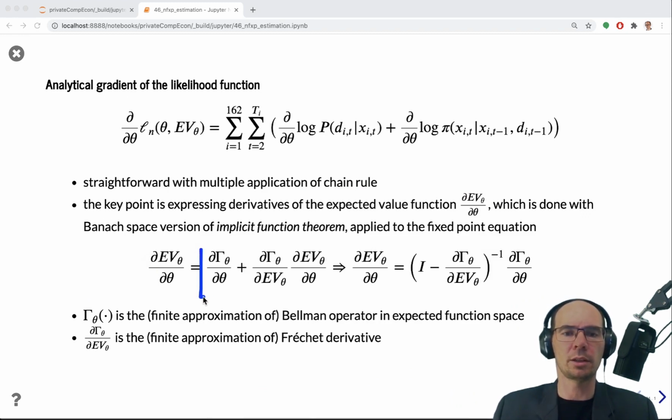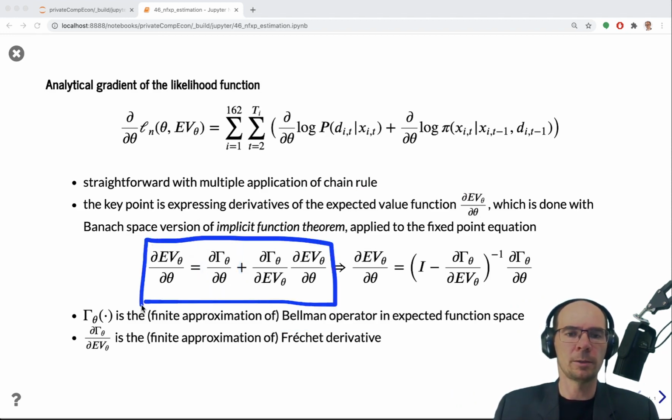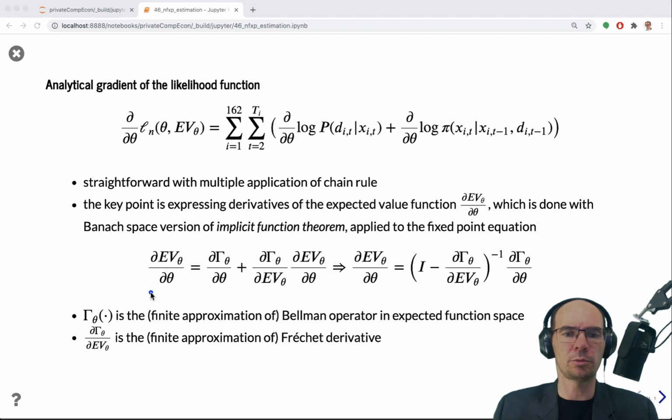also realizing that the gamma, the Bellman operator, is a function of theta just by itself. We have this expression here, and you can see that this can be solved for the derivative of the expected value with respect to structural parameter, which takes this form.